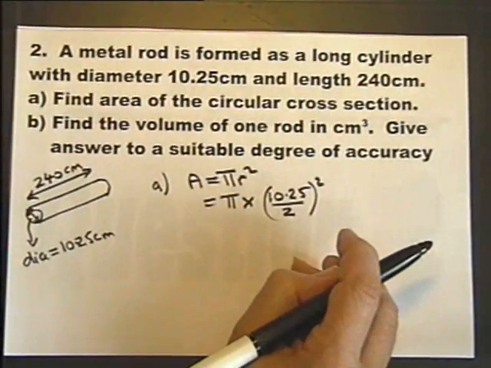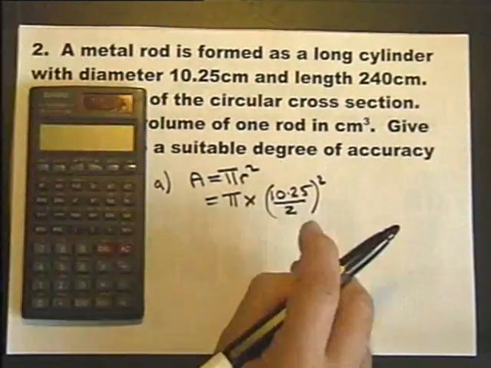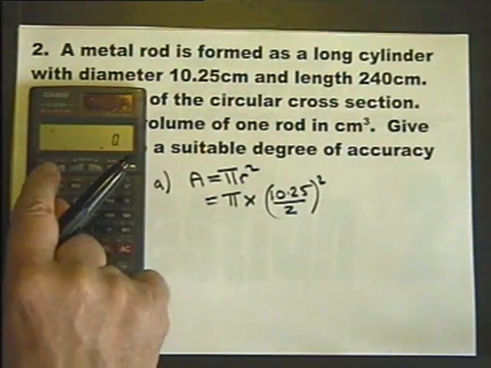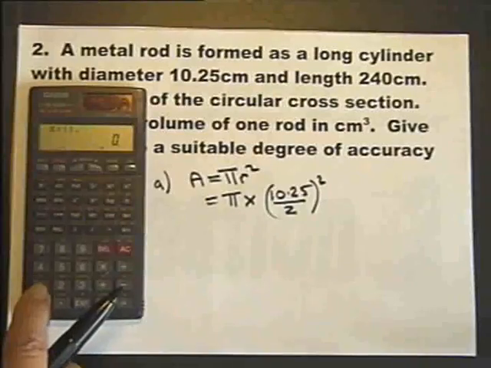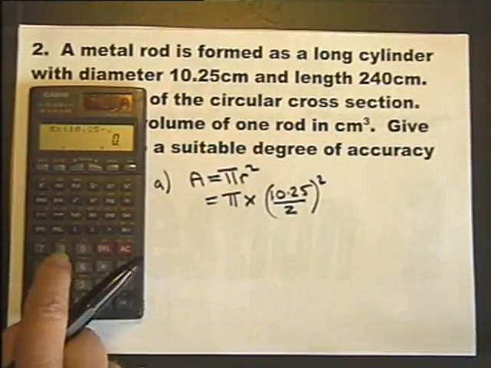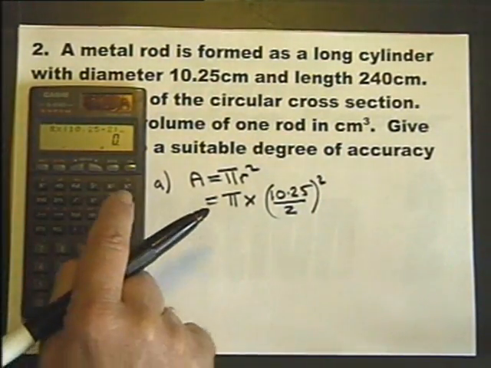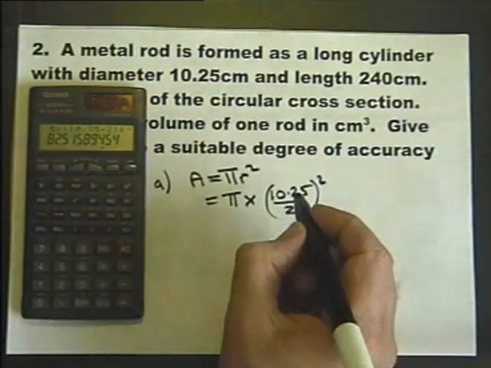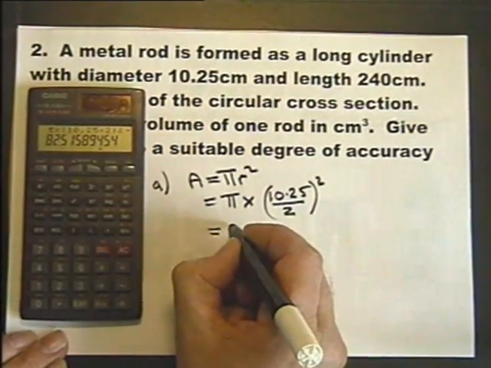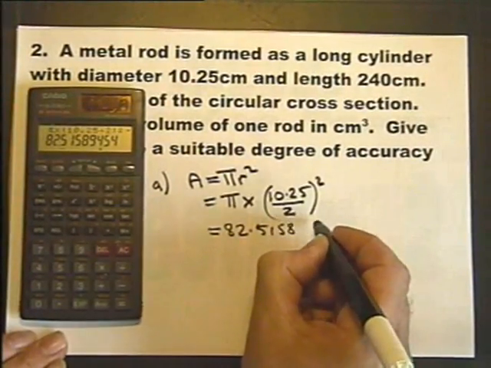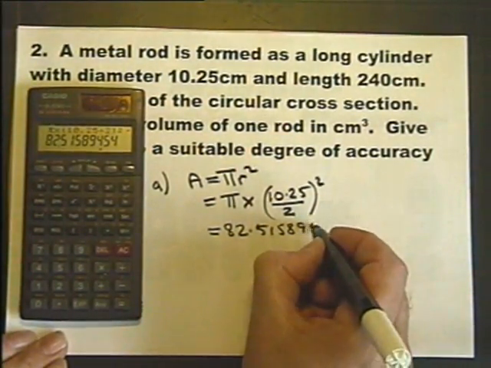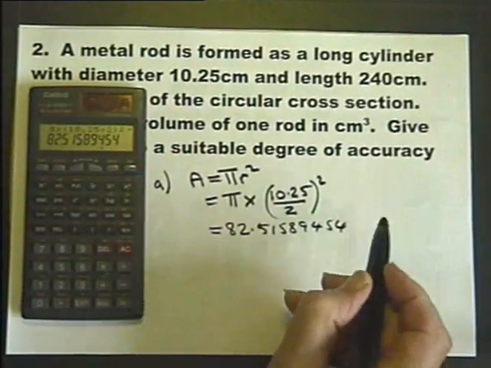But this is a calculator paper, so we can make the calculator do all the effort there. So I'll do pi multiplied by bracket 10.25 divided by 2 close bracket squared equals. Now this is right at the beginning of the exam, and I don't know, but some people get a bit tense and then gradually relax.